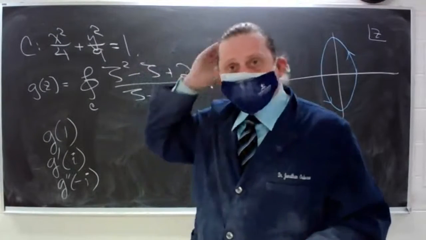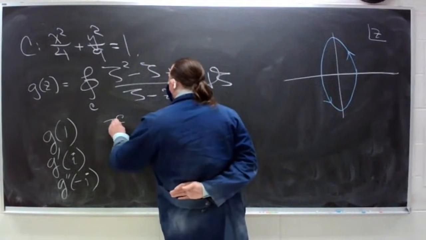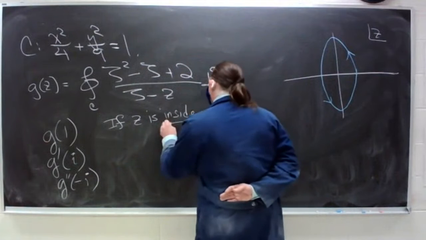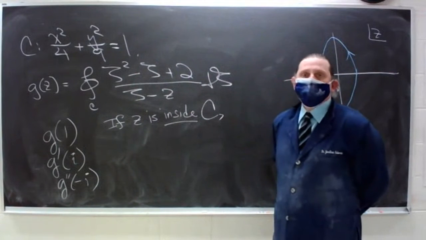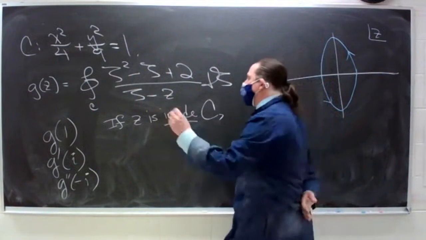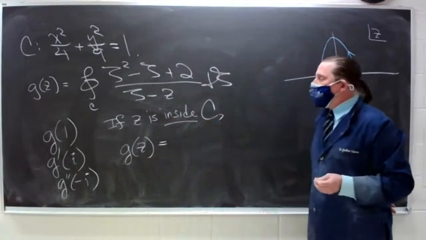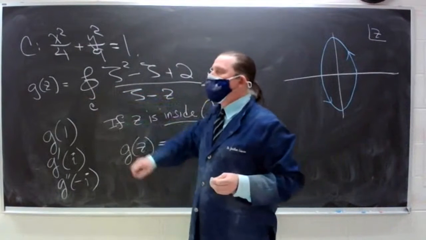All right? So for that reason, as long as z is inside contour C, g of z is equal to, is there a 1 over 2 pi i or not? No. Okay.